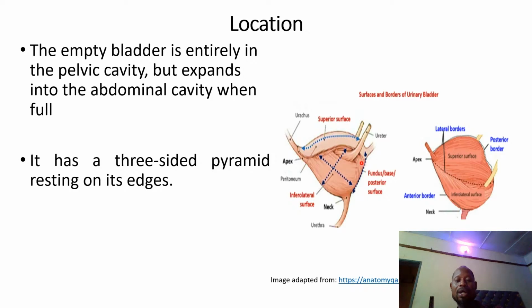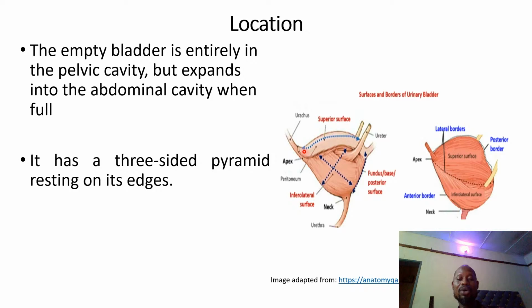On which you also have a base and then an apex. This part called the apex is closely related to what? The pubic symphysis or the pubic tubercle, in an empty bladder. And from it continues what?